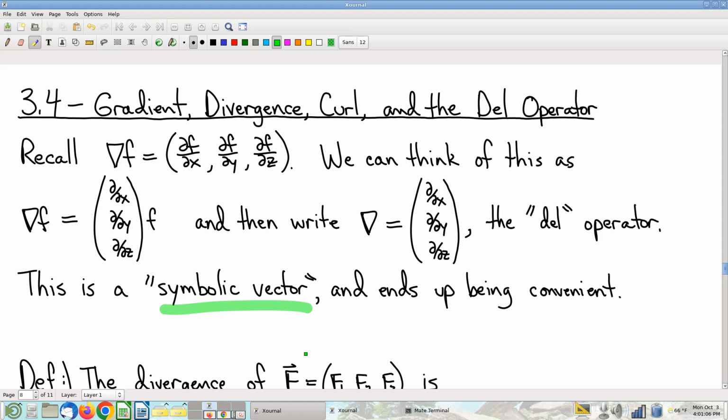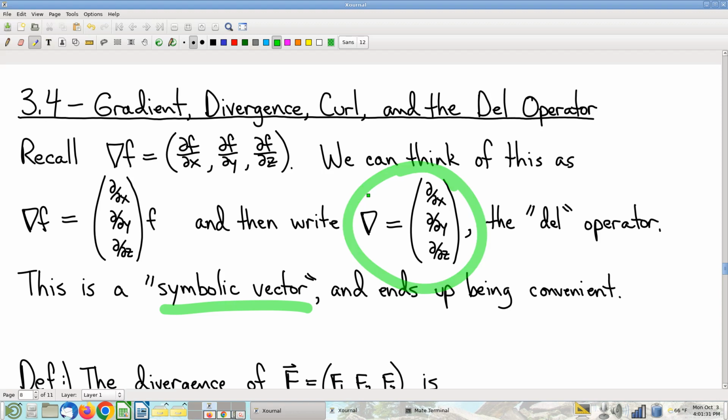And that's uncomfortable. That's weird. That's a notational abuse. Right? But it's really convenient, and I like to call it a victimless crime. It's like, yeah, it's not really right, but it also always gives you right answers, and so it's very handy. So this is going to be the same kind of thing. This kind of looks like a vector. Sort of. Right?